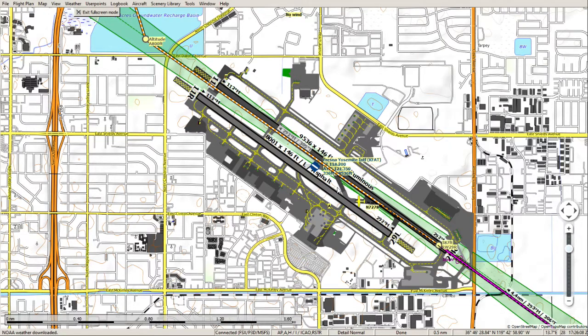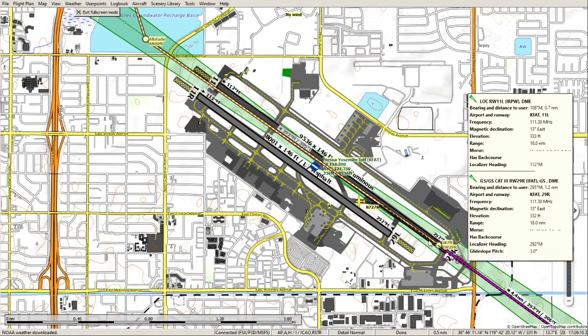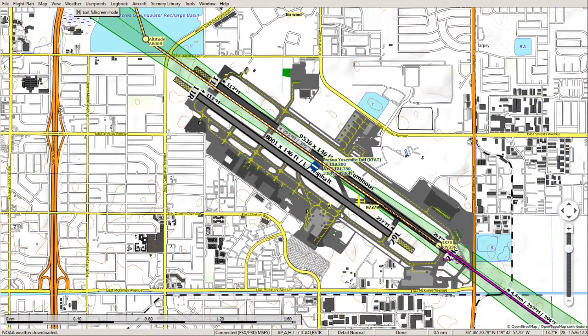Okay, this is what we landed on, 29 right. We're going to cross 29 left, go to Alpha. Then we're going to cross.